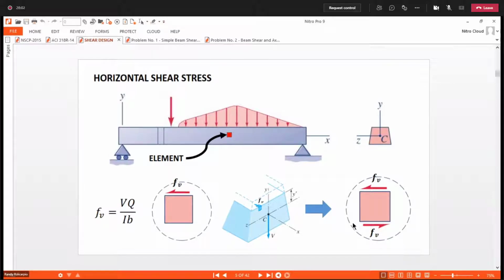So that is how we consider an element, considering horizontal shear stress. Okay, so that is about this one.